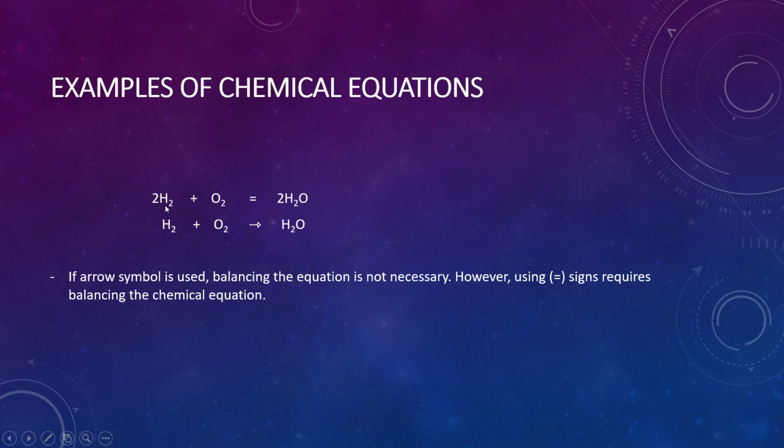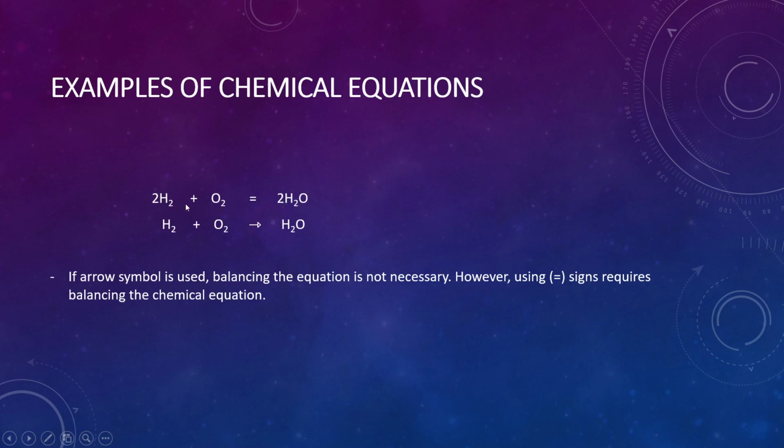So here two hydrogen and two oxygen atoms are making one water molecule. In the H2O water molecule only one oxygen atom is present, so this reaction is not balanced. So we have to balance this equation. Now in this example we have balanced the equation.